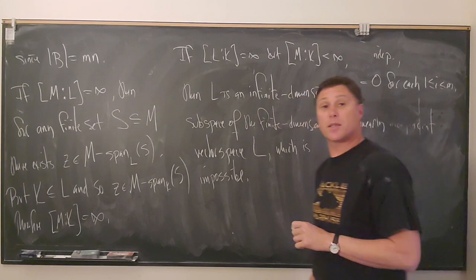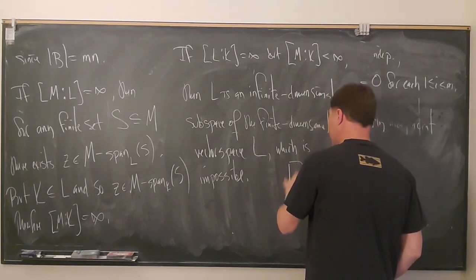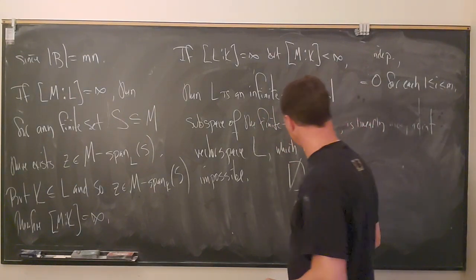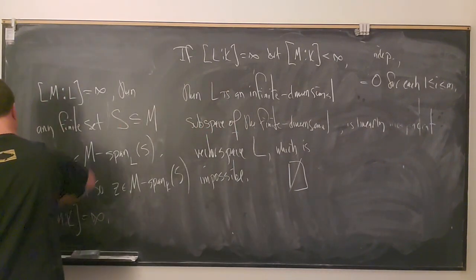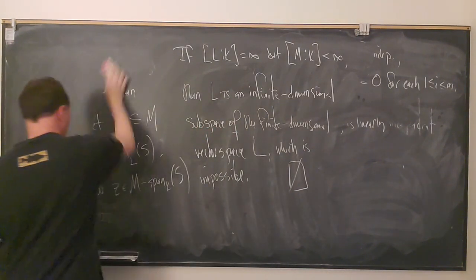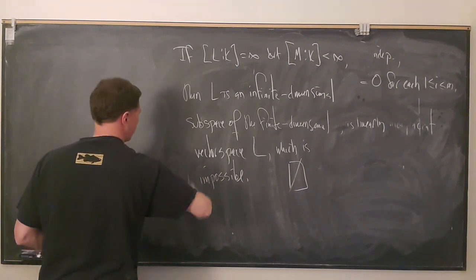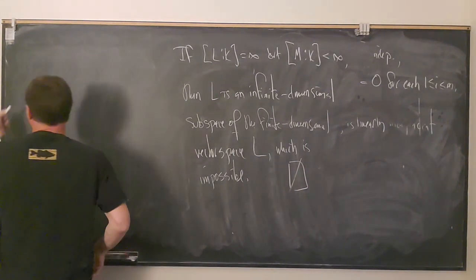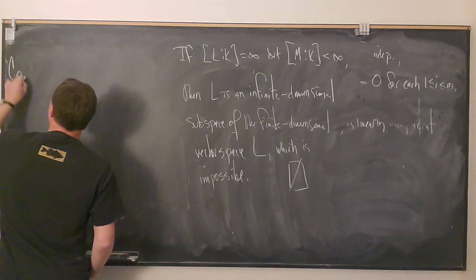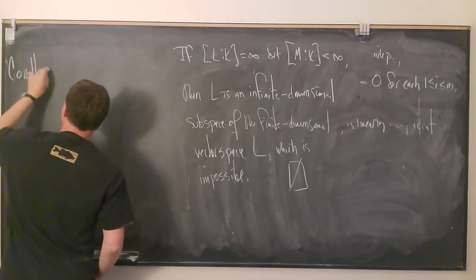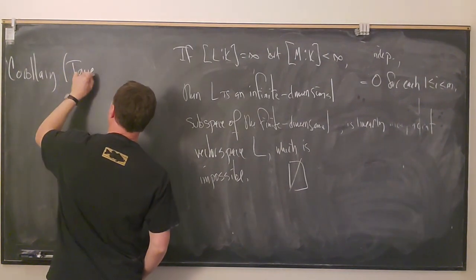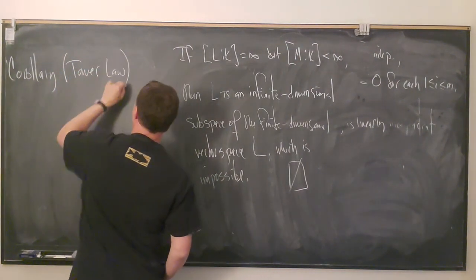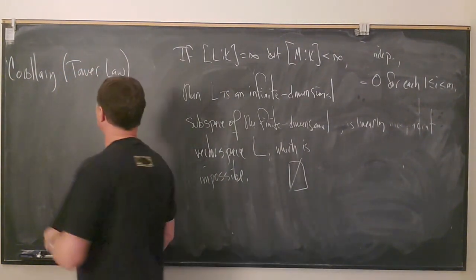Okay, so that completes the proof of what is known as the Tower Law. And there's a quick corollary, and I just want to end with that corollary, which generalizes this. In fact, it's also known as the Tower Law. I'm not even going to give this a number, because we're always going to call it the Tower Law. It goes like this.